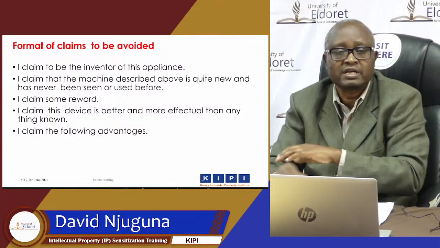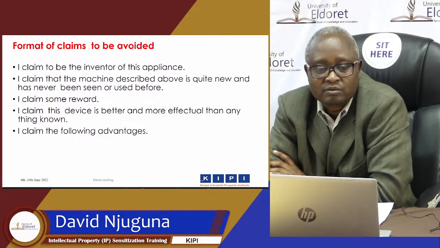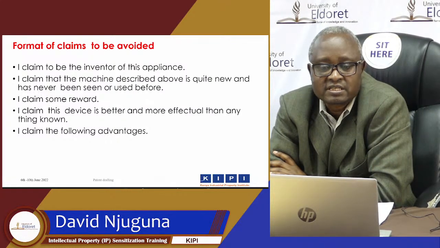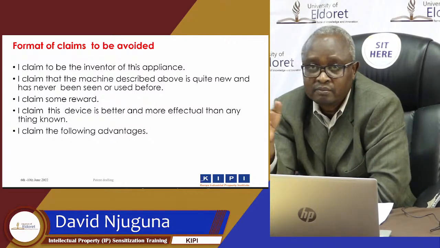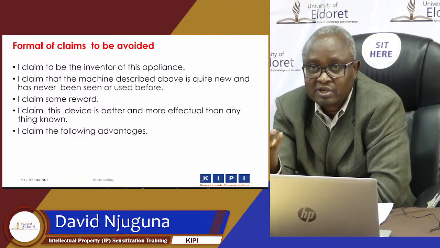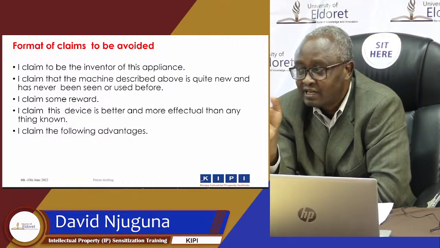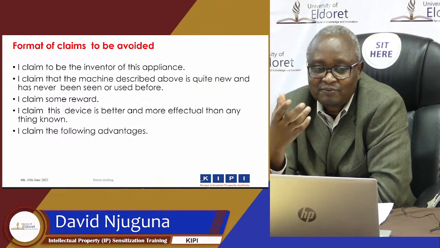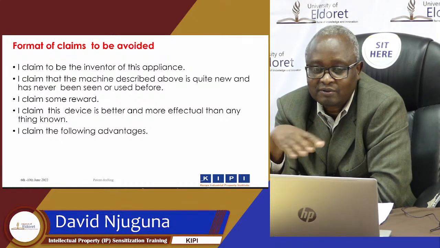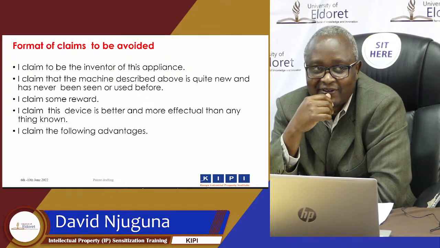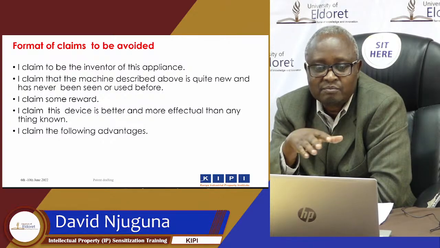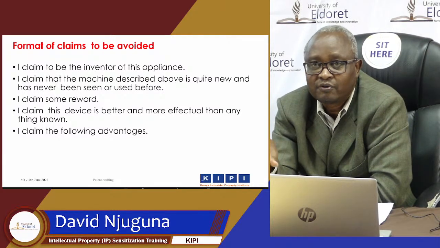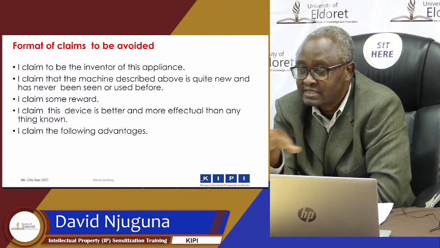There are some claims that are not entertained or should be avoided. A claim to be the inventor of this appliance. We said in the morning, don't describe yourself. Describe the invention, not you. I should not feature in a claim or in a patent application. "I claim that the machine described above is quite new and has never been seen or used before." That is not a claim, that's a statement.